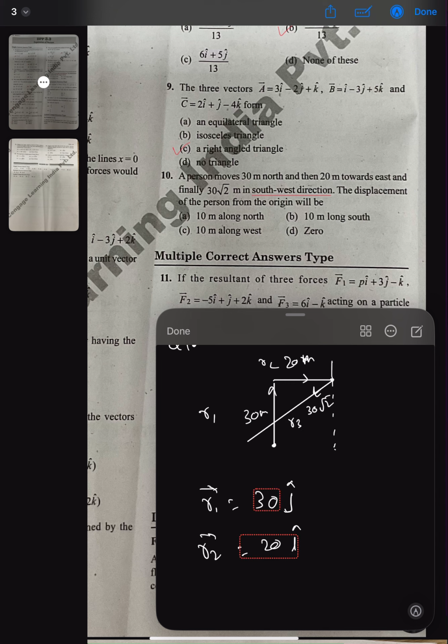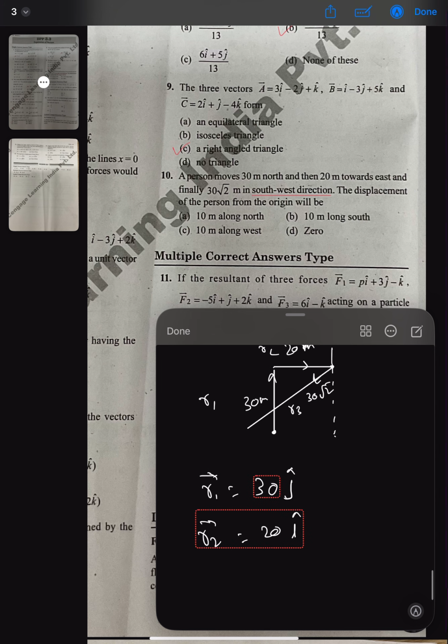And then we'll write R3. Now break it down at 45 degrees, because the person has moved simply southwest. Southwest is 45.